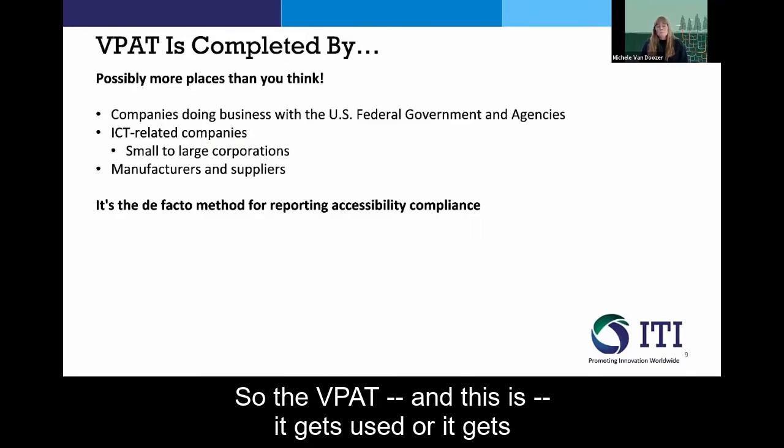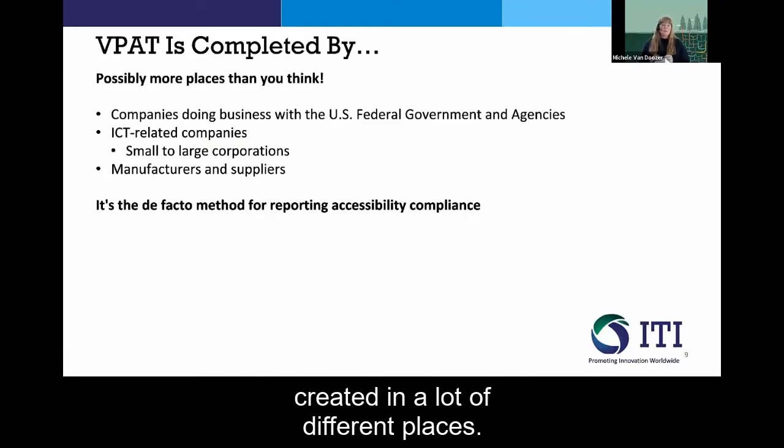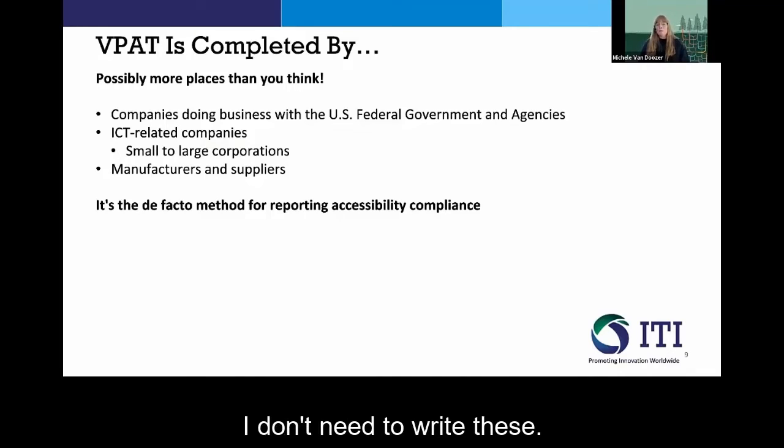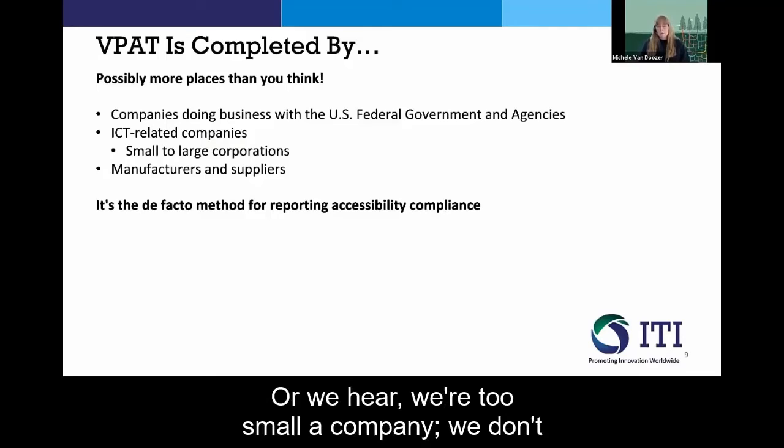So the VPAT gets used or created in a lot of different places. People think, oh, my company doesn't sell to the federal government, I don't need to write these. And that's not true. Or we hear, we're too small a company, we don't have to do this.